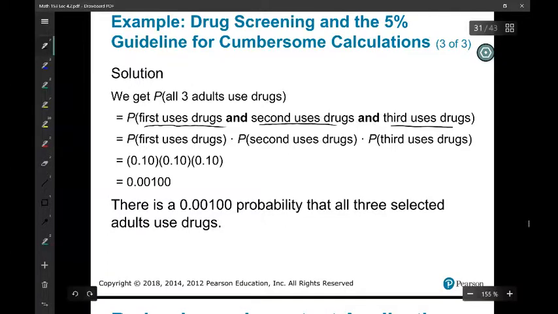So 0.1, I used 1/10, that's the same as 0.10. So 0.10 times 0.10 times 0.10. There's a 0.00100 probability that all 3 selected adults use drugs.